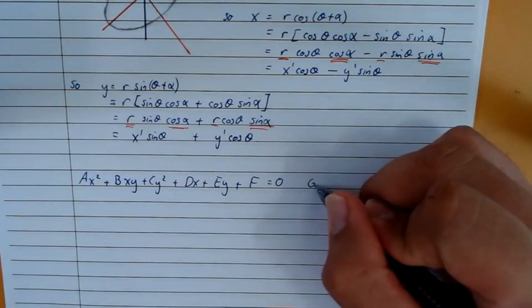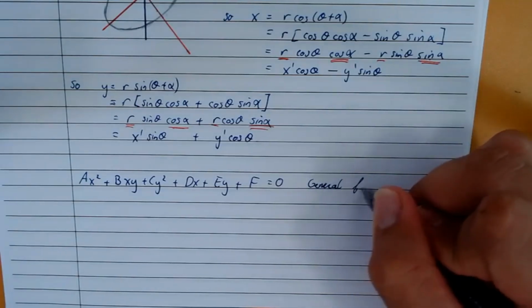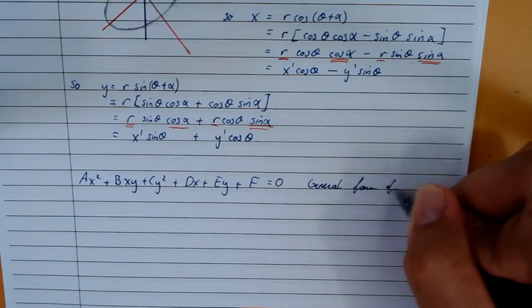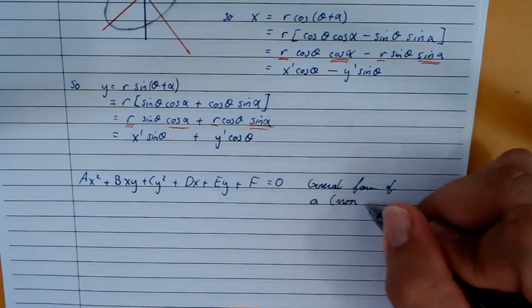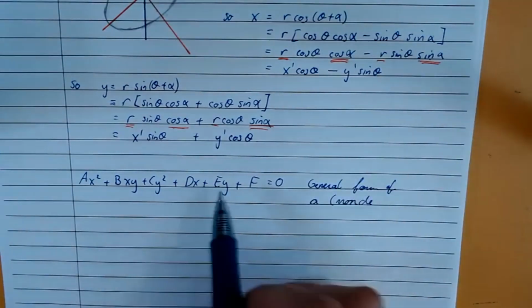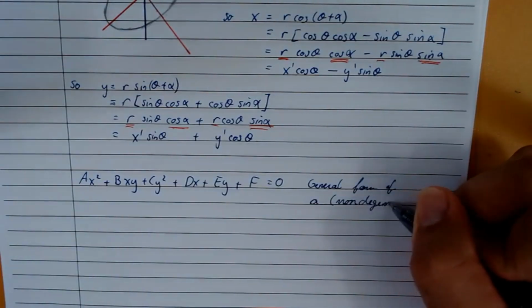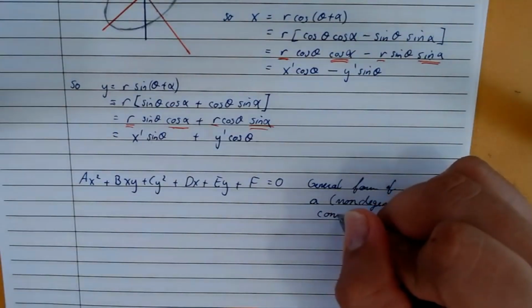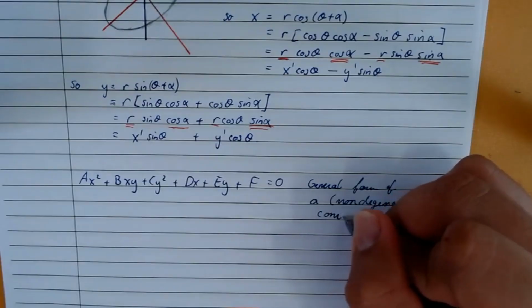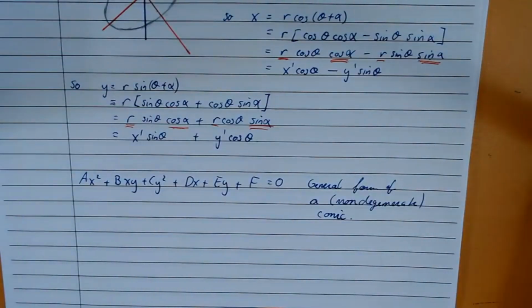So here, this is the general form of a, and I'm going to say non-degenerate, remember, the degenerate conics are the point or the line, we don't worry about those, of a non-degenerate conic. If you have this term, this is the one that tells you that there's some rotation.